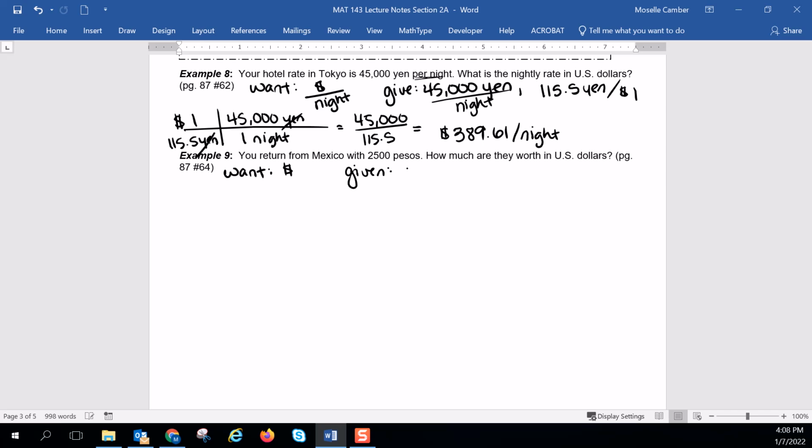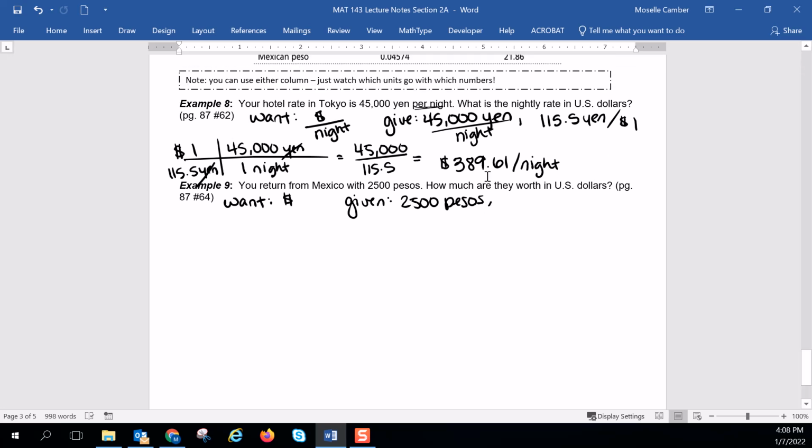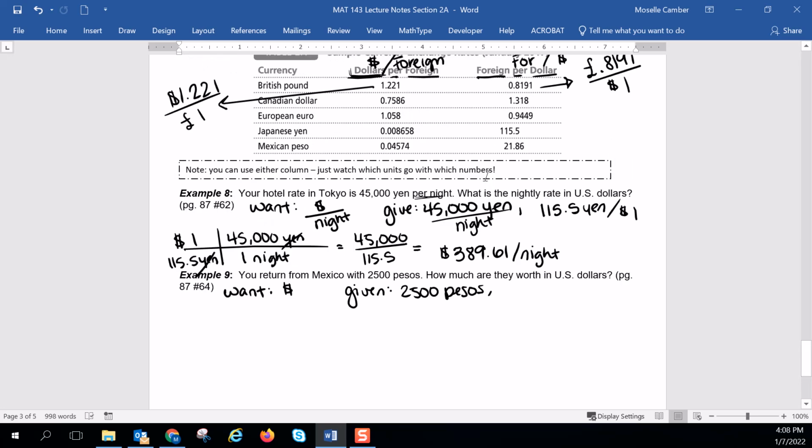What they give us, we have 2,500 pesos. And then of course we have the exchange rate. For pesos, we have this one and this one. Again, I'm going to use this one just because there are fewer digits to write. So say 21.86. This is foreign per dollar, so I have pesos per 1 US dollar.